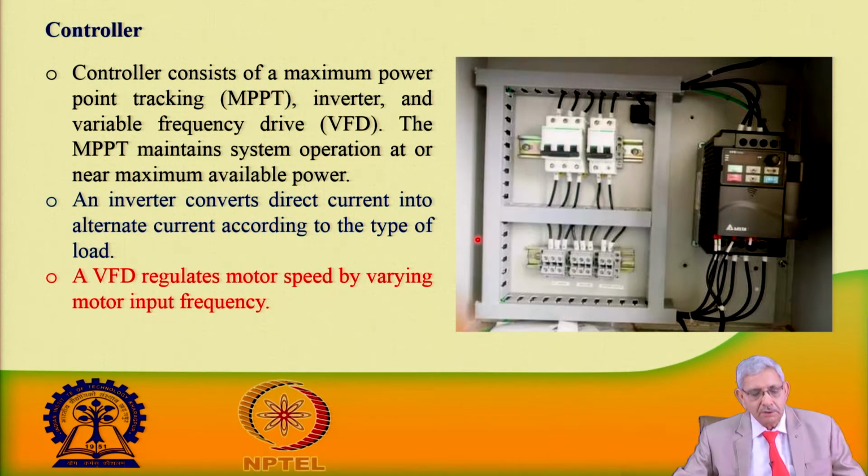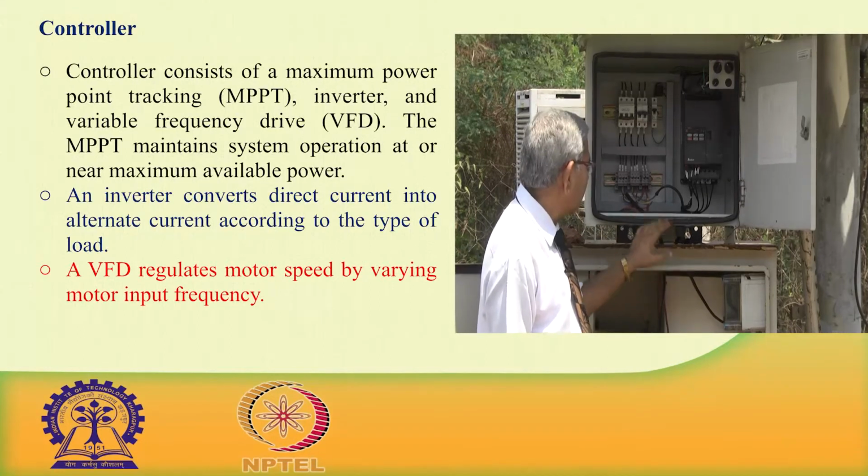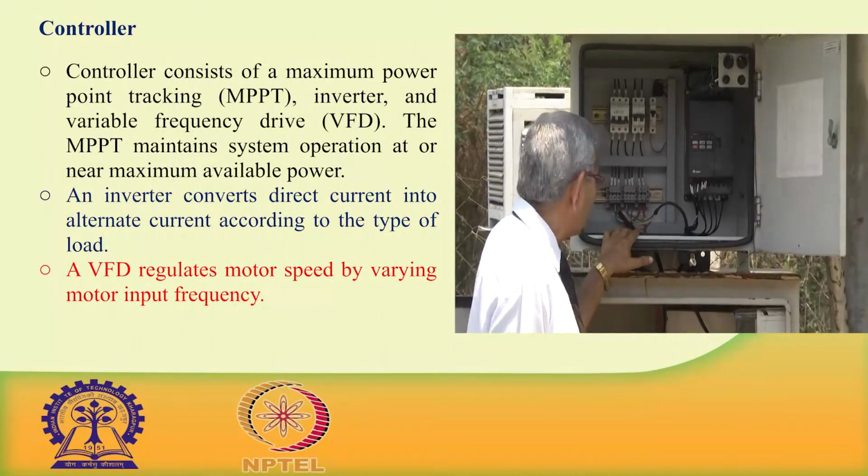So, a controller consists of a maximum power point tracking (MPPT), inverter and variable frequency drive VFD. In short form we say VFD. The MPPT, that is maximum power point tracking, maintains system operation at or near maximum available power, the power which we are getting from the solar panel.